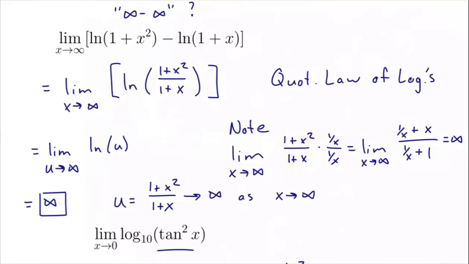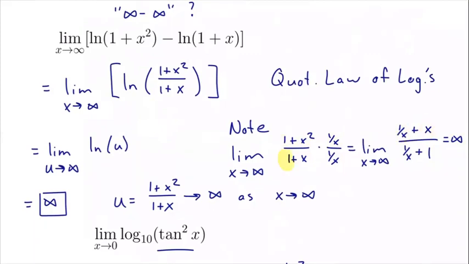Some cases are ambiguous or harder to tell. Remember, you find the dominant term in the denominator, in other words, the leading degree term in the denominator. In this case, it's x, and you divide the top by x and the bottom by x, or multiply by 1 over x. And what we do is we simplify this. We see in the numerator, we have 1 over x, and we have x² over x, which is x.